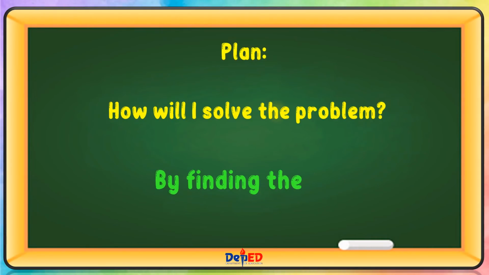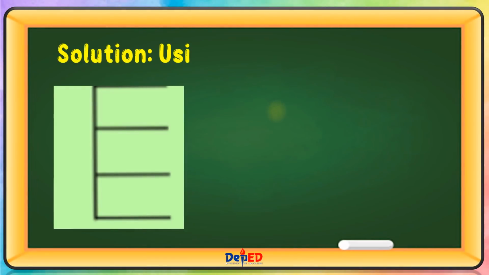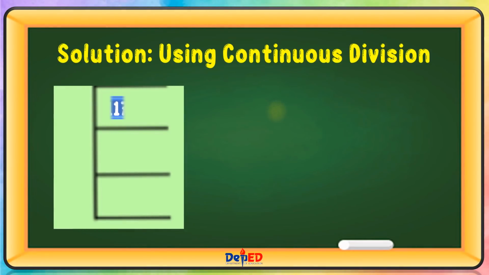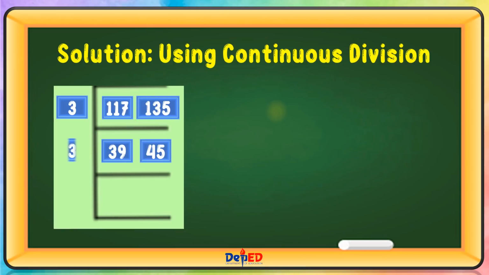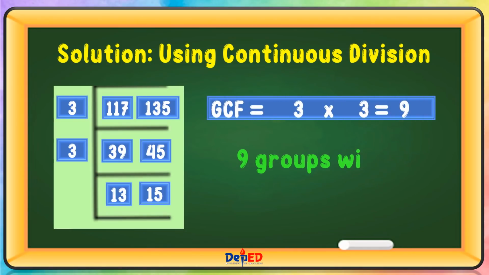By finding the GCF. Solution using continuous division. 117, 135. Let us use the prime number 3. Three times 3 equals 9. 9 groups will be formed.